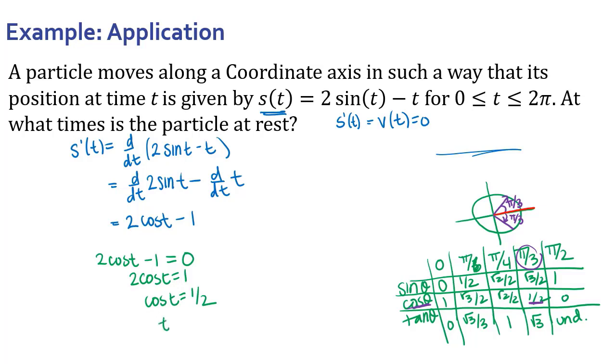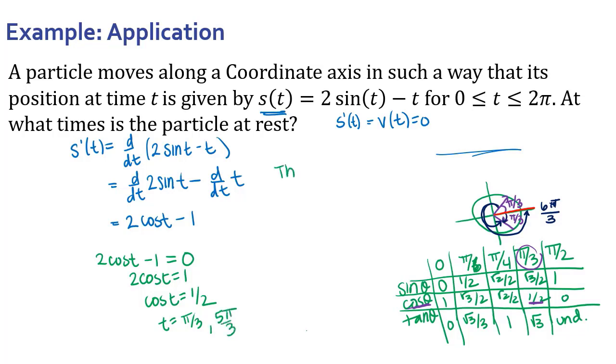So our angles are going to be pi over 3, and then we've got to figure out what this entire angle is. All the way around is 2 pi, or in other words, 6 pi over 3. If I take pi over 3 away from that, I'm left with 5 pi over 3.